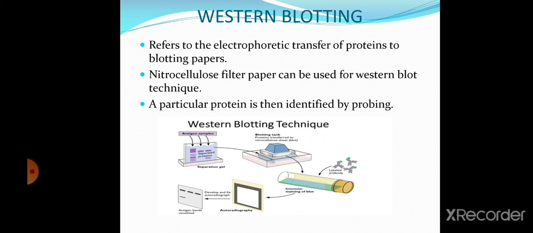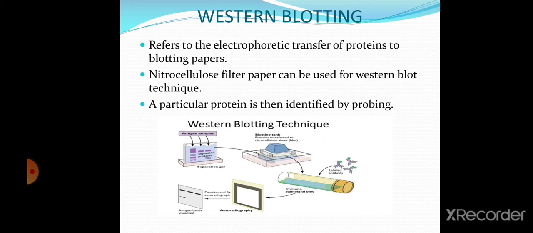A particular protein can be identified by probing the blot. What is probing? It is a small device. Using it we can identify a particular protein with a radio-labeled antibody, which binds to the specific protein for which the antibody was prepared.